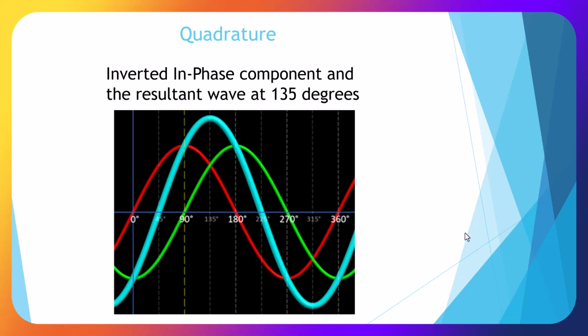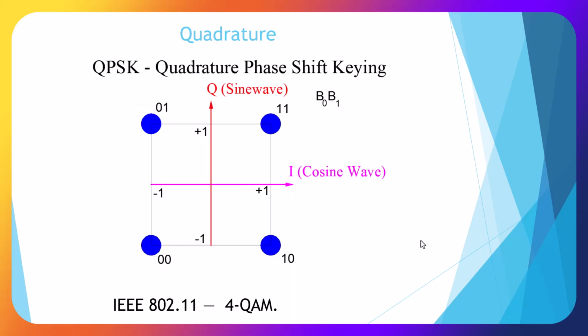So this allows us to make a different angle. So where this one is at 135, we essentially have 0, 45, 90, 135, 180, 225, and 270. So we have more angles that we could use based on these sine and cosine.